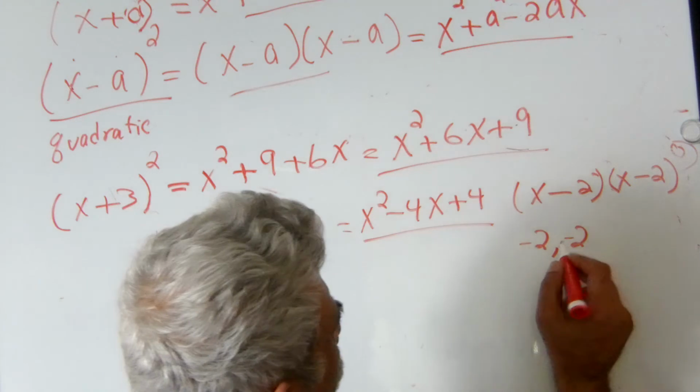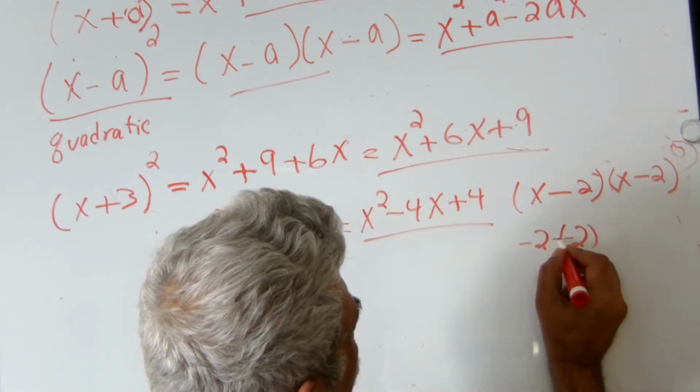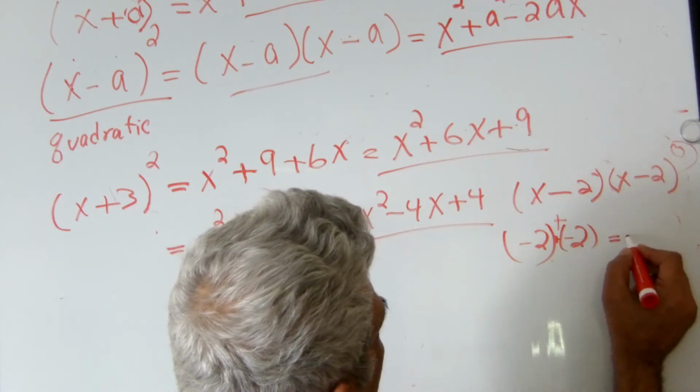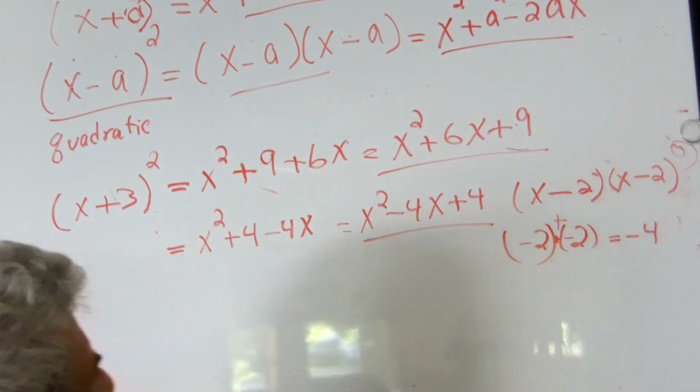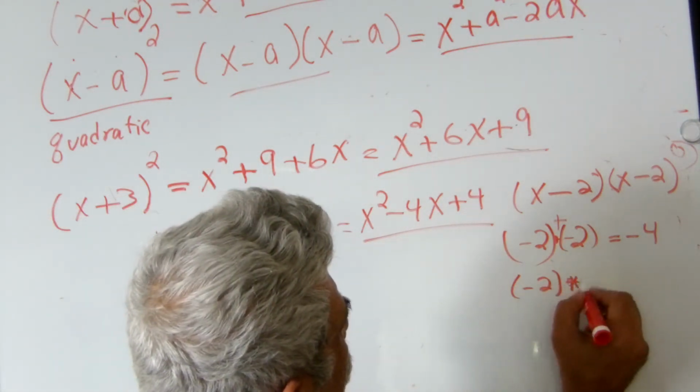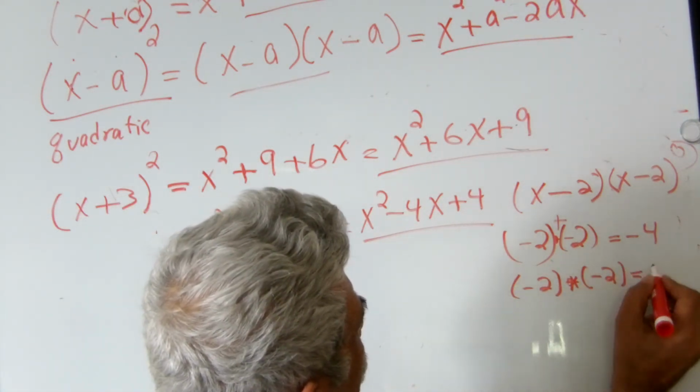And this is a plus. It's going to be minus 4. But if you multiply minus 2 times minus 2, you're going to get plus 4.